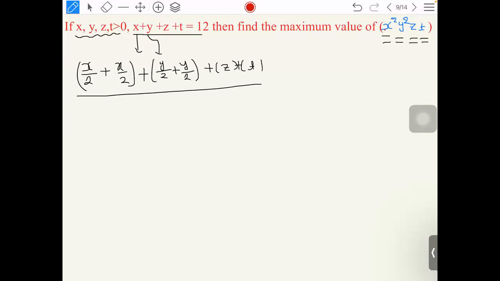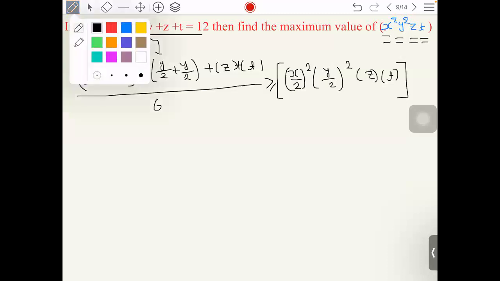This divided by 6, because we have 6 terms, so we can write this divided by 6 is more than or equal to x by 2 into x by 2, so x by 2 whole square, y by 2 whole square, z, t.